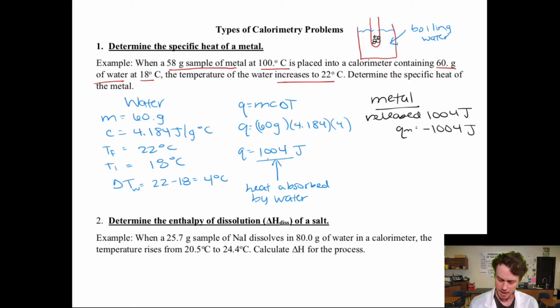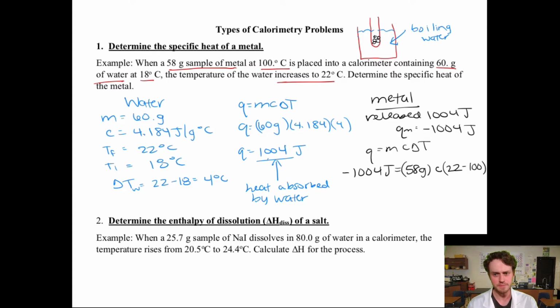Okay, so I'm going to plug in some information into Q equals MCΔT. My Q is negative 1,004 joules. My mass of my metal is 58 grams. We are trying to find the specific heat capacity. And the change in the temperature of the metal is, it went to 22 degrees Celsius. That was the final temperature. And the initial temperature was 100.